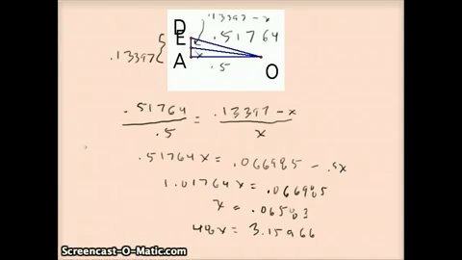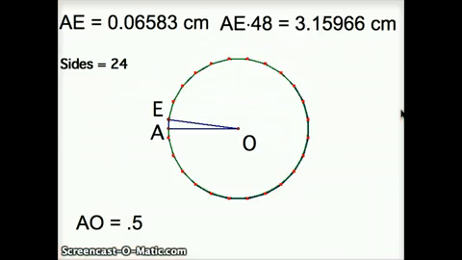But he's not done, because now he's going to do this process two more times. Now that he knows the length of AE, he can move this up to a 48gon, like this. Half of one side of a 48gon is what I'm going to call AF.